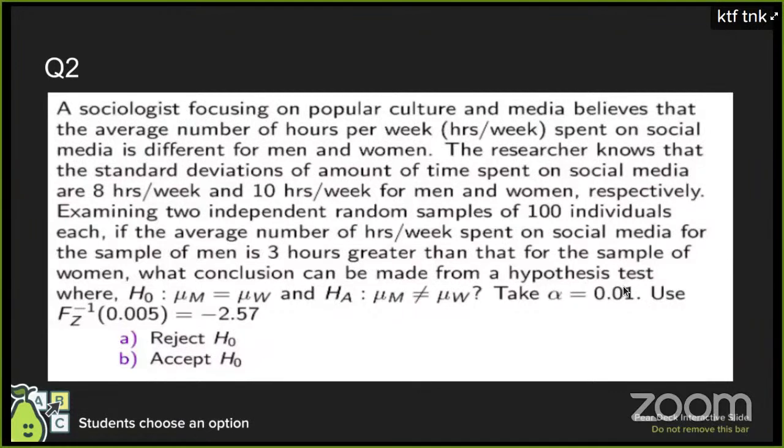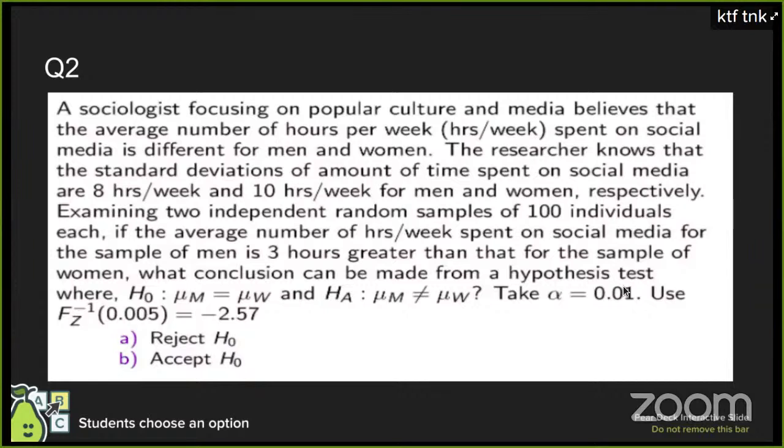So what we can think about is the sociologist. He thinks that this might be a different thing, right? So we can claim that they are equal, the average number of hours per week spent.